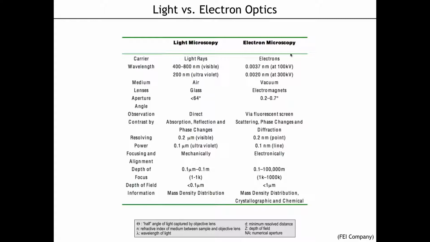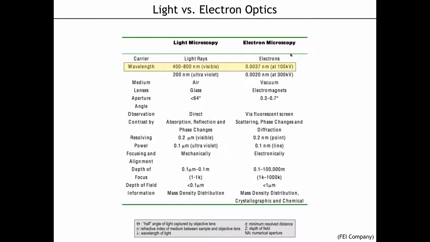As I said, there are a number of analogies between light and electron optics. In light microscopy, you have light rays. In electron microscopy, you have electrons, which contribute to forming the image. With light microscopy, the wavelength of visible and ultraviolet light is on the order of a couple hundred nanometers.